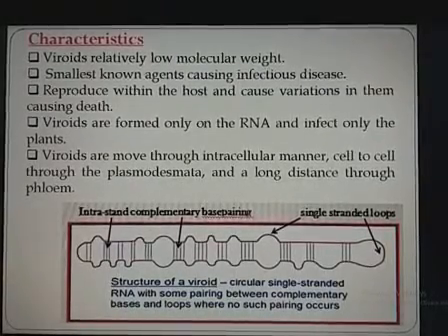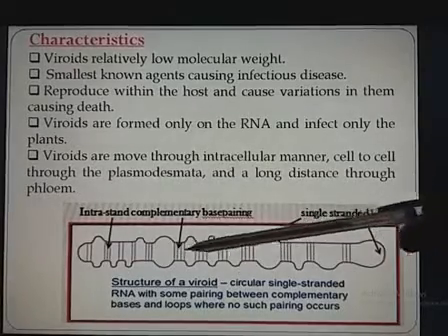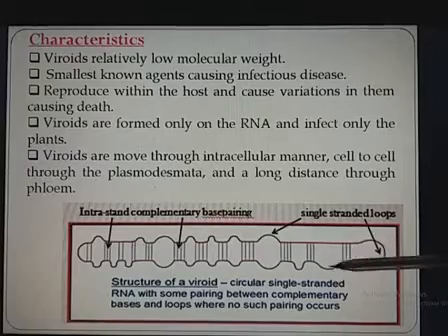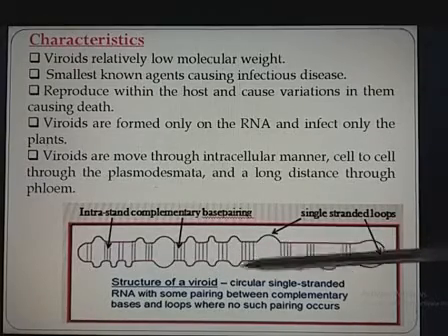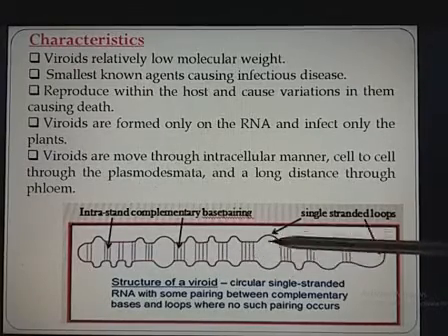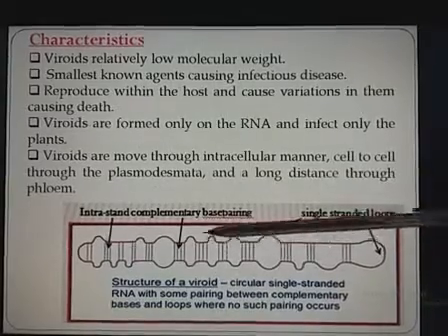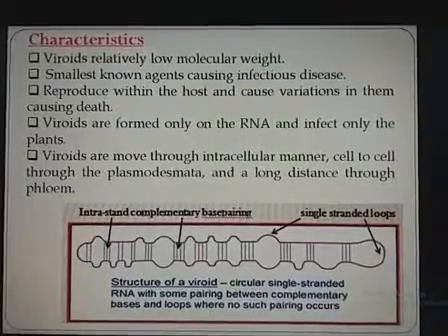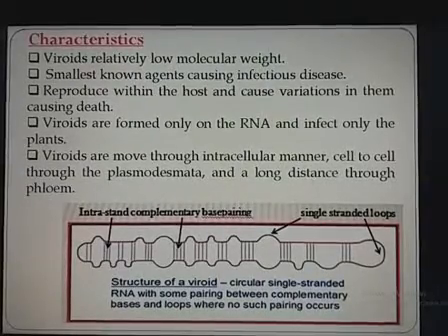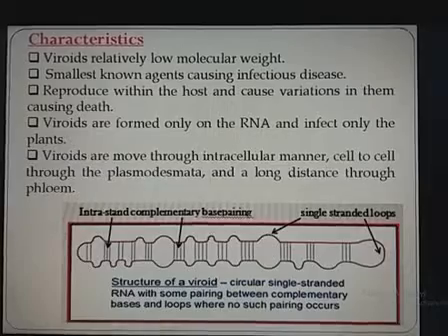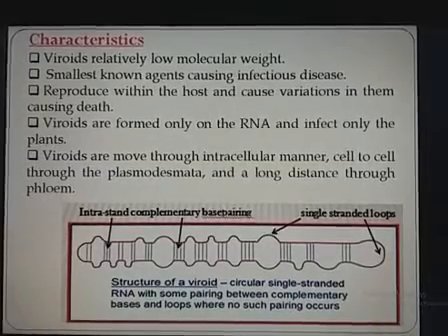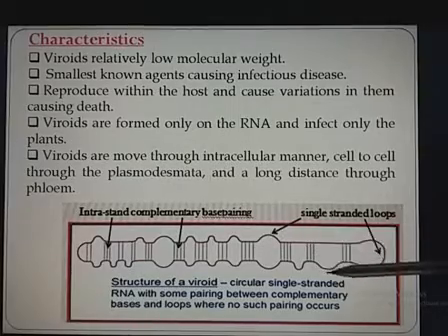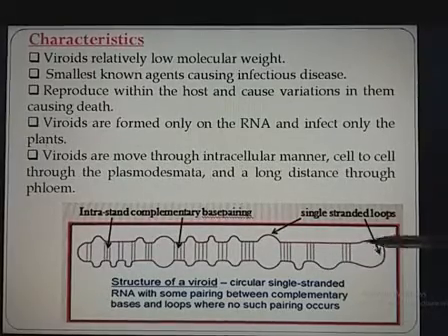You can see here the structure of a viroid, which is totally composed of a circular single-stranded RNA with some pairing. Some pairing occurs between the complementary base sequences found in the single-stranded RNA, and where complementarity is missing, loops are formed. These are the loops where the complementarity is missing.